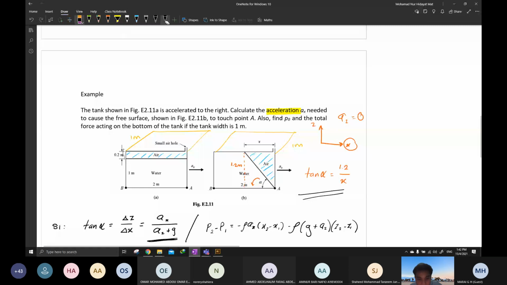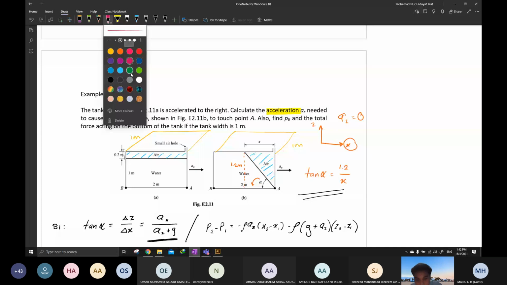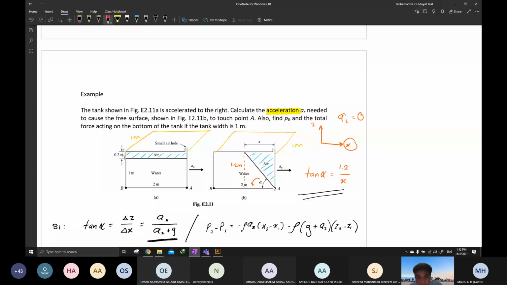Okay, what do you think of the pressure at point A? Is it equal to 0 or not? Yes, zero. Remember, atmospheric pressure, when this is the free surface, the pressure at the free surface is equal to 0 because now we consider it as gauge pressure.